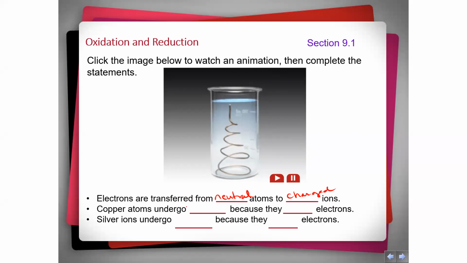Copper atoms undergo, so the copper went from copper solid to copper 2+. So it lost electrons. So losing electrons is an oxidation. So they undergo oxidation because they lose electrons. Silver ions undergo reduction because they gain electrons.